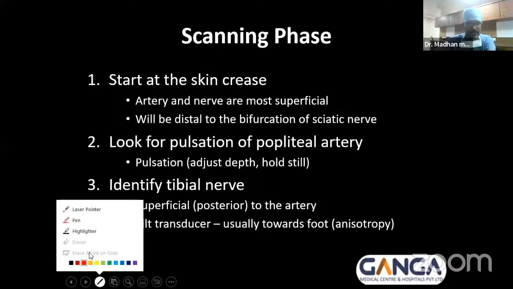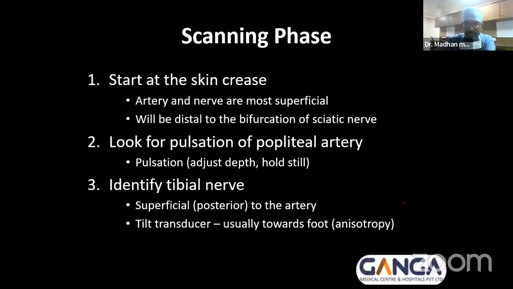As you can see here, the sciatic nerve in the popliteal region is not always lying straight. It will be oblique like this. Suppose you are keeping the ultrasound transducer like this, your ultrasound beam will come and hit here, and the reflected beam will go away from this.